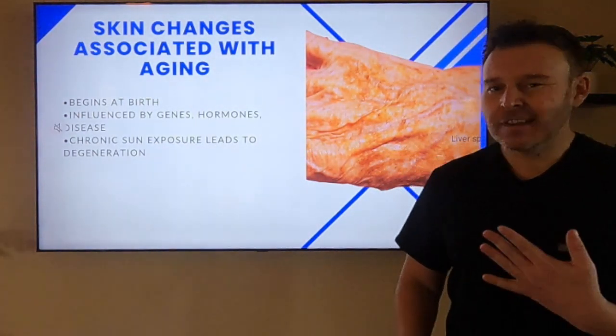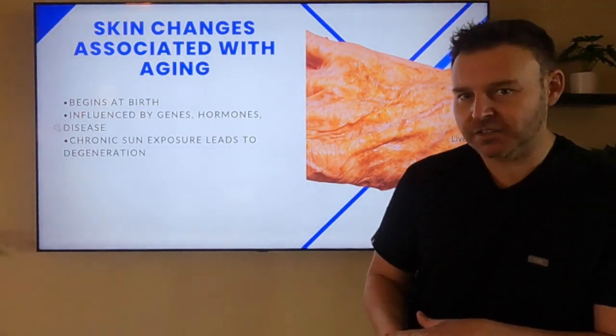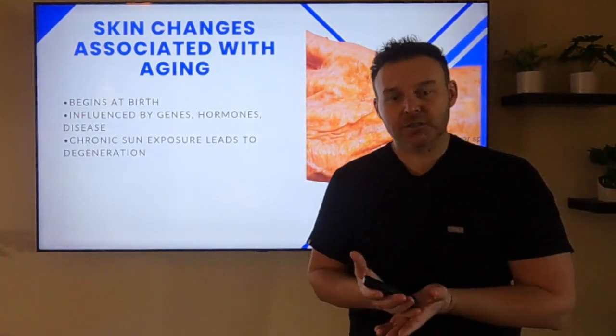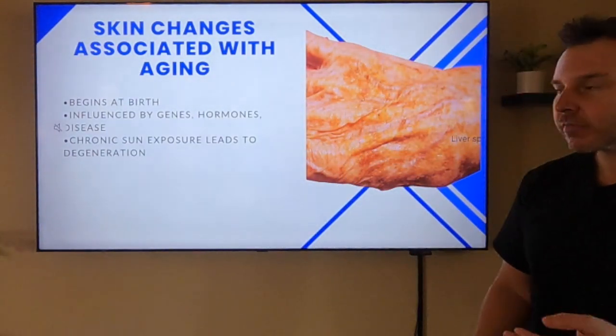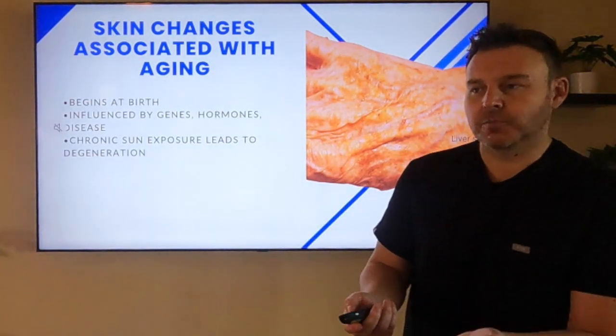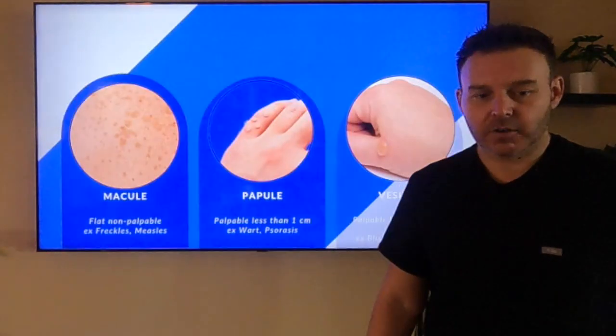Chronic sun exposure tends to increase wrinkles, sunspots and freckles, etc. Also, smoking tends to increase wrinkles as well. And that all leads to the degeneration of our skin, actually one of our largest organ systems, okay?